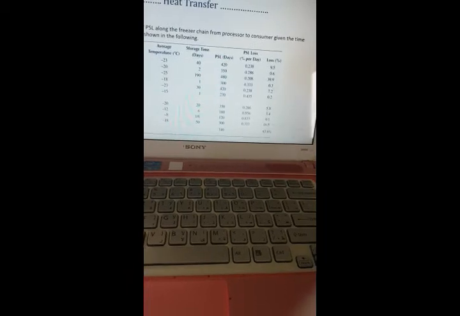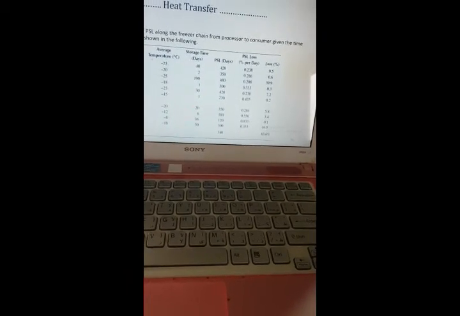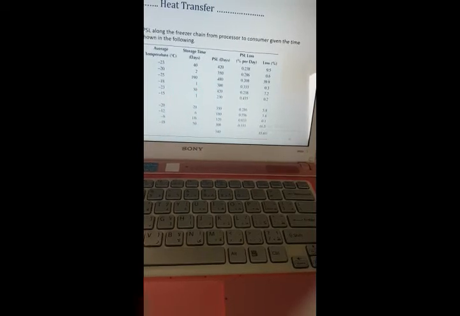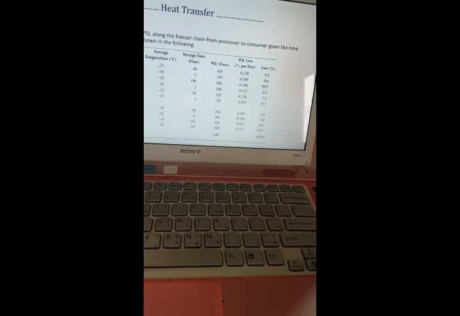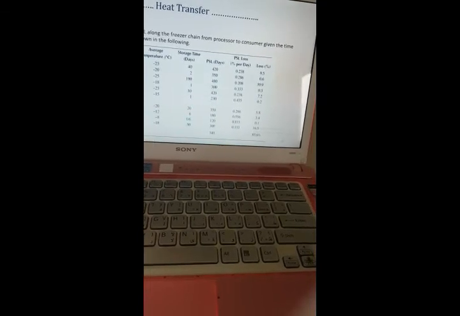It is written inside the table, and it is the addition of the different loss percentages corresponding to each part of the product supply chain, from the beginning till the end to the consumer, according to the respective storage temperature and the respective storage time.